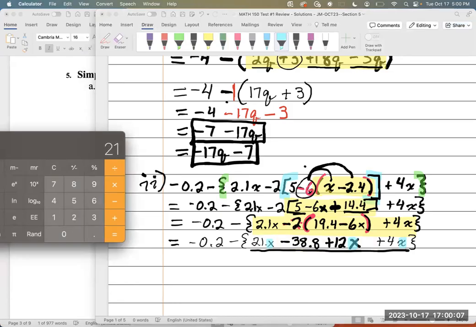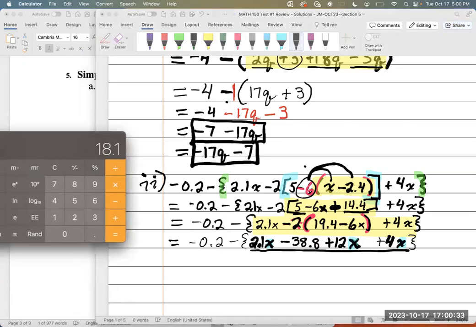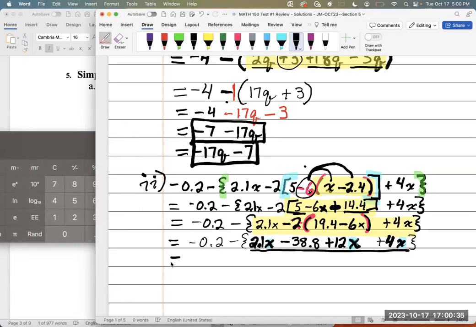I have 2.1x plus 12x plus 4x. So 4x's plus 12 gives me 16. So 18.1 is correct. Again, copy down what you're not using.